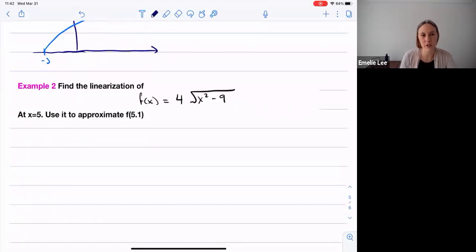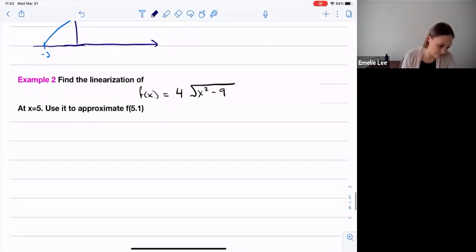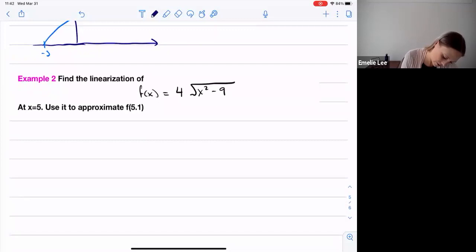The linearization is, well, L of x is f of a plus f prime. So we have to first find the derivative.